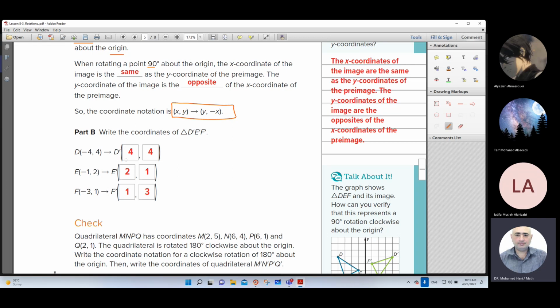Take the y, put it in the x place, and take the opposite of x, negative 1 will be 1, and put it in the y place. Then here F, minus 3, 1, take the y, put it in the x place, then take the opposite of x will be 3, put it in the y place.